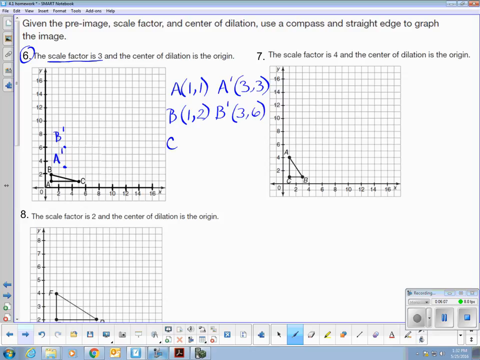Point C. So A prime, B prime, C prime is an enlargement of triangle ABC. Since the scale factor is 3, it's 3 times as large.